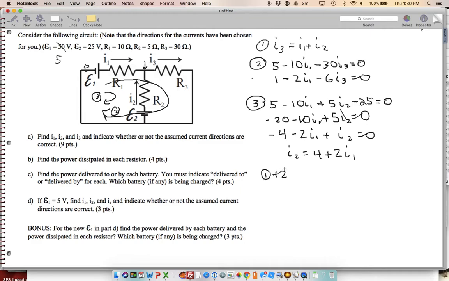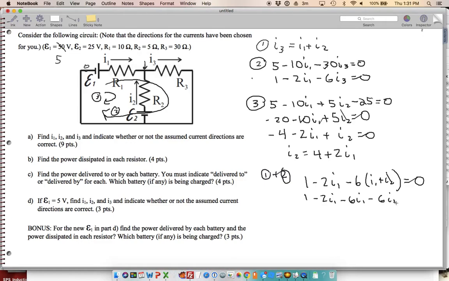So I'm going to say 1 minus 2 I1 minus 6 times I1 plus I2 equals 0. Work that out, so we'll get 1 minus 2 I1 minus 6 I1 minus 6 I2 equals 0.